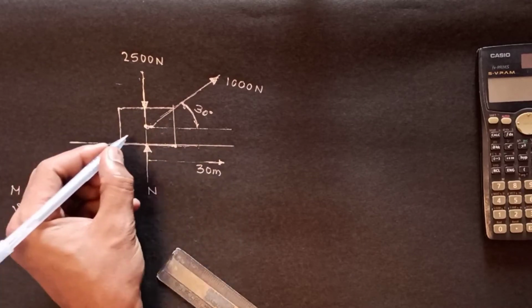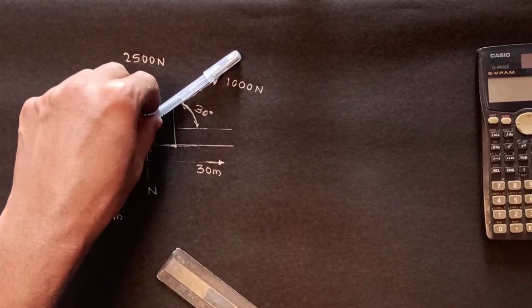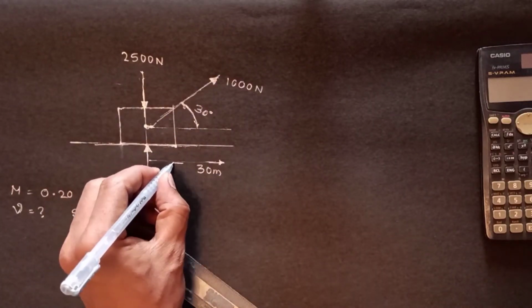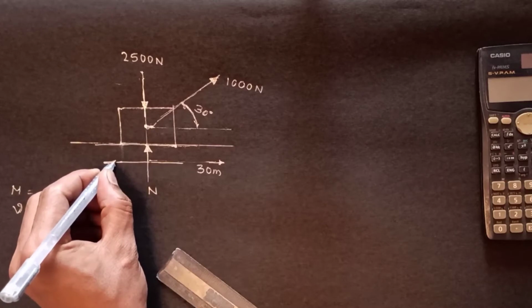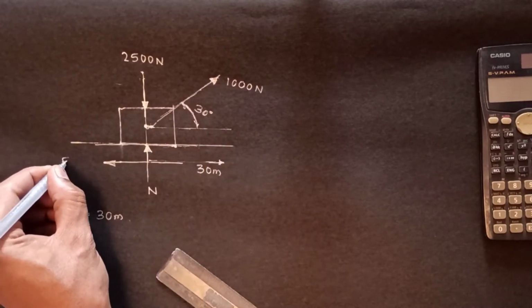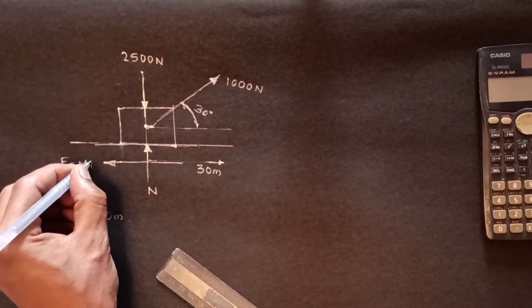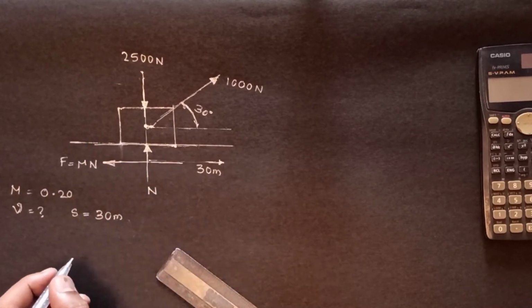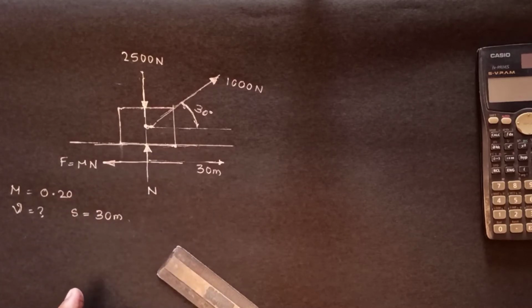If this is the force applied towards the right side, there will be a friction force towards the left side, opposite to the applied force. Friction force F is equal to mu into N. Now you can go for solving the problems.